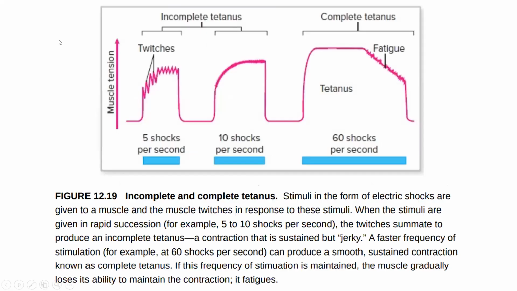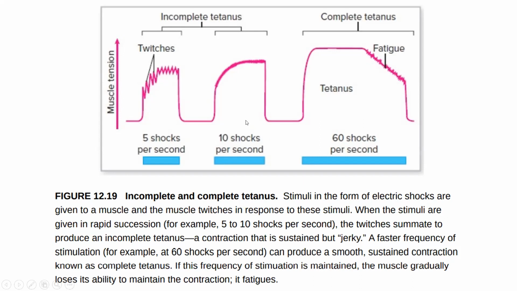Let me show you this on the graph. When we have really a lot of stimuli, one by one, occurring really quickly, and twitches are followed, actually, there is very little relaxation time between them. Then these twitches can actually lead to some kind of not very smooth, but very jerky appearance of muscle contraction. And this is called incomplete tetanus.